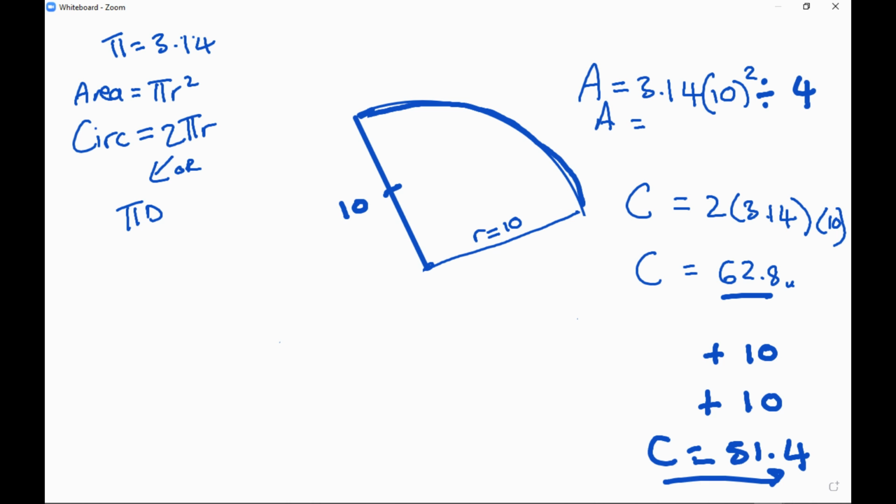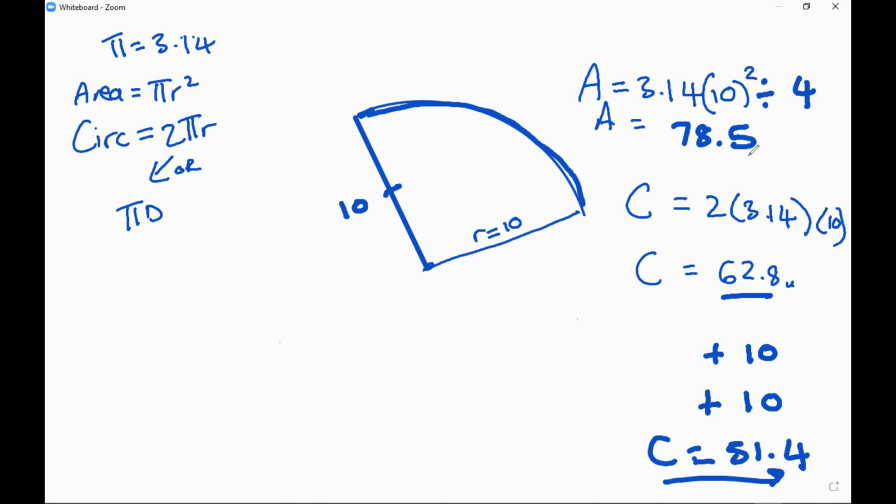So what will that come to? What's 314 divided by 4? It is 78.5.